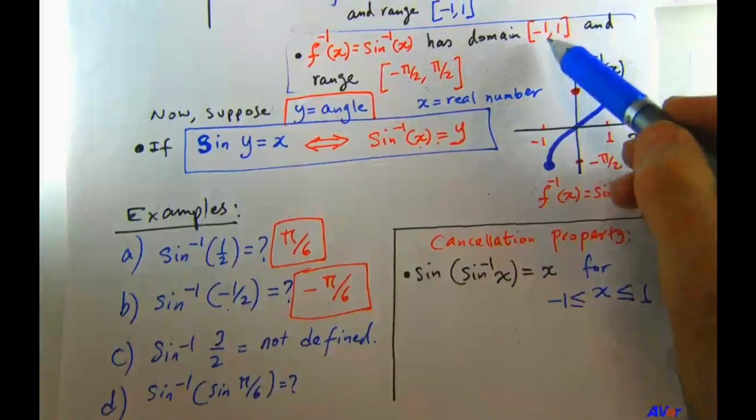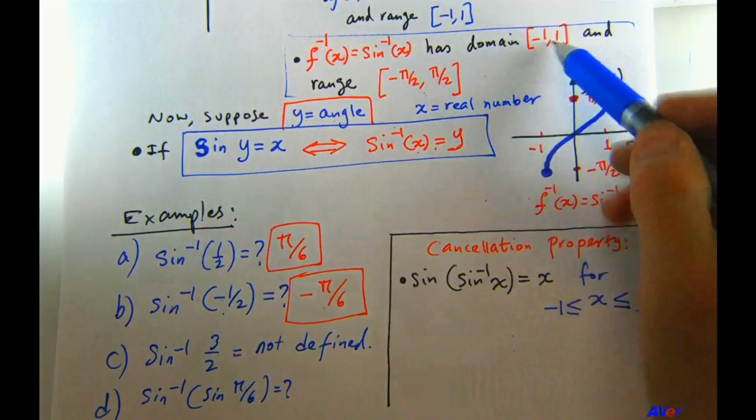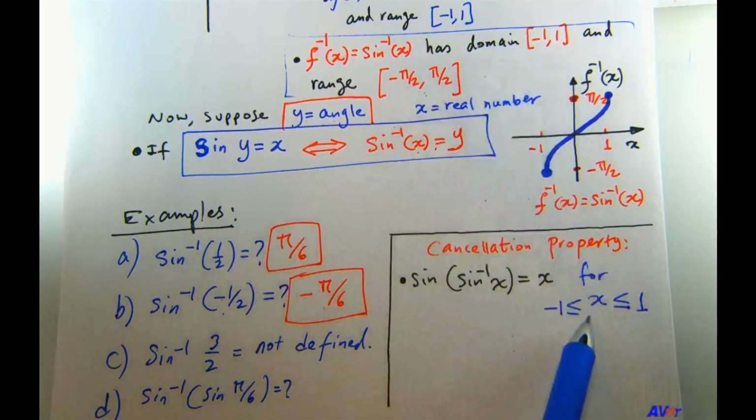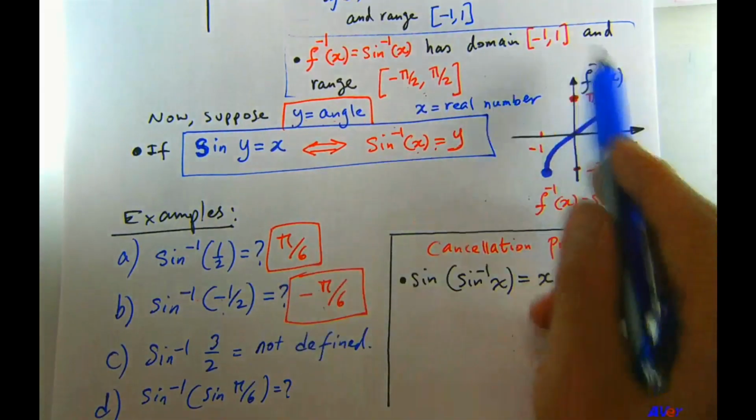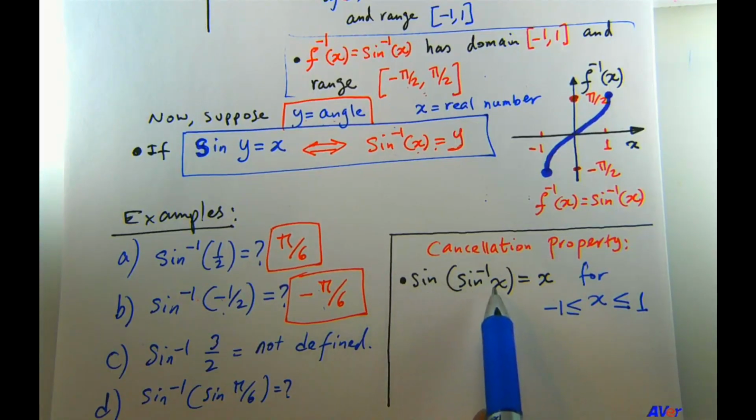Remember, that's our domain, right? For the inverse sine function, that's our domain. So this is true for that, not true outside of this domain. So the cancellation property is if you take the sine of the inverse sine function at some value, that'll cancel each other out and you end up with this x value.